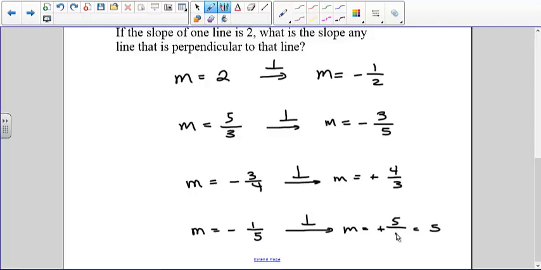If it starts out as a fraction that's in its simplest form, the result is going to be a fraction, just the opposite sign. If you start out with a whole number, the slope of the lines perpendicular to this line, you're going to end up with 1/5, 1/2, 1/27, whatever.